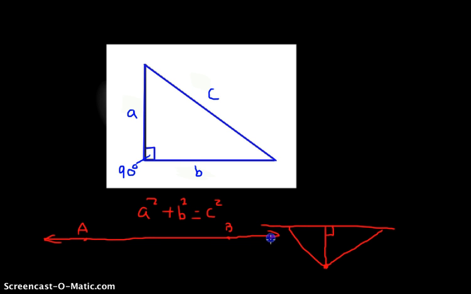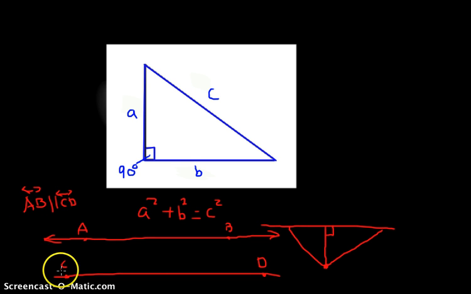Okay, so if you then have a line down here, which is, let's say, CD, imagine these are perfectly straight. If AB is parallel to CD, then A and B are the same distance from line CD.